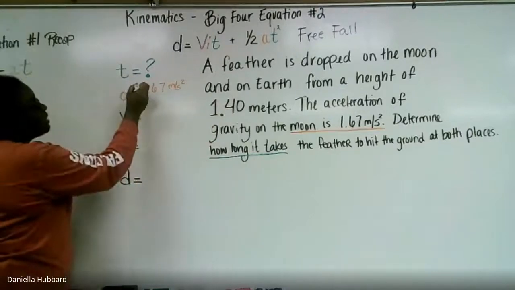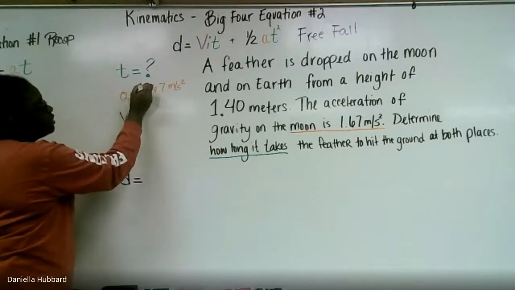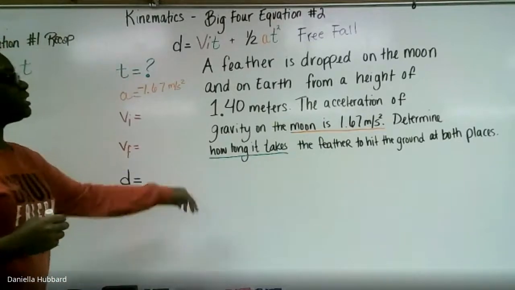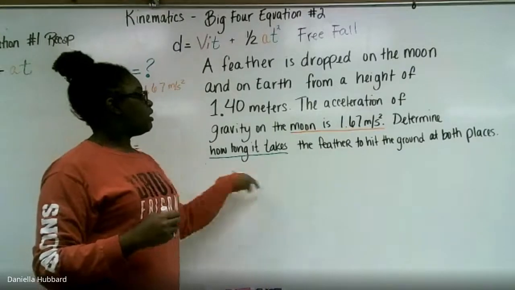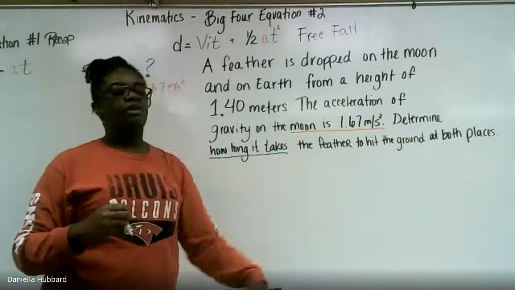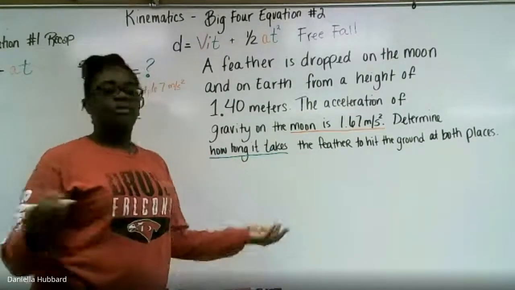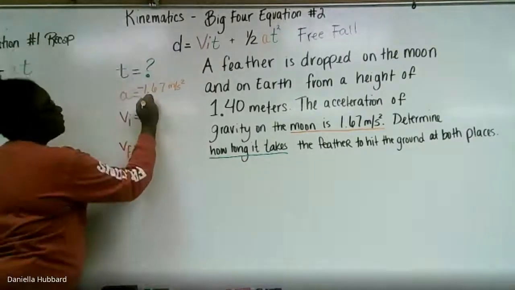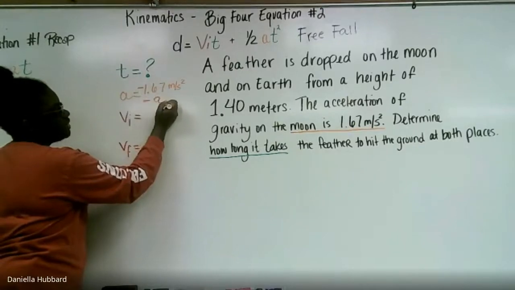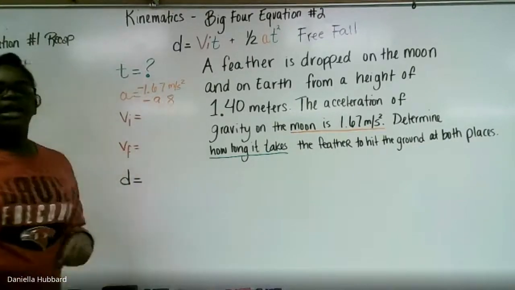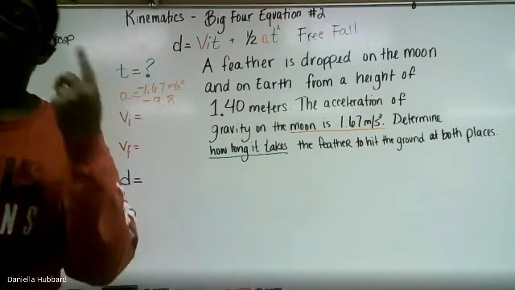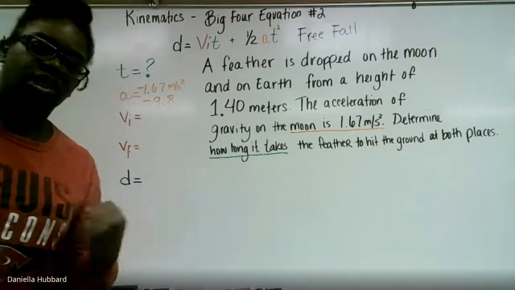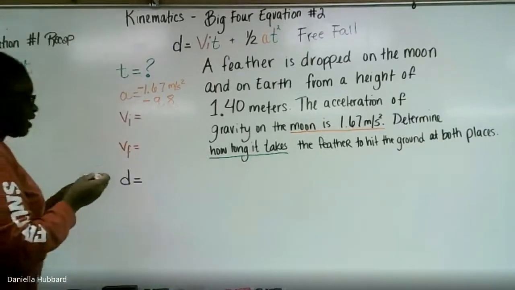So that means my acceleration on the moon needs to be negative. Now, the question wants us to consider how long it takes for the feather to hit the ground on Earth as well. But what is our acceleration due to gravity on Earth? That beautiful number that you're going to see so much of, negative 9.8. So that should let you know we're going to be solving for 2 answers. Okay?